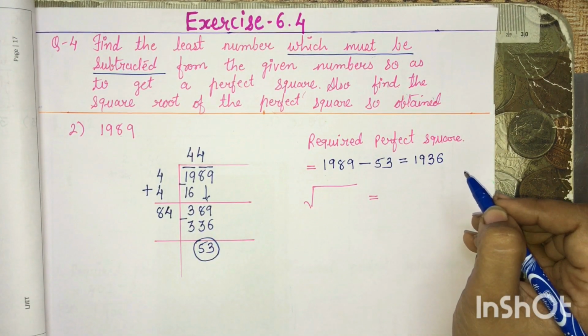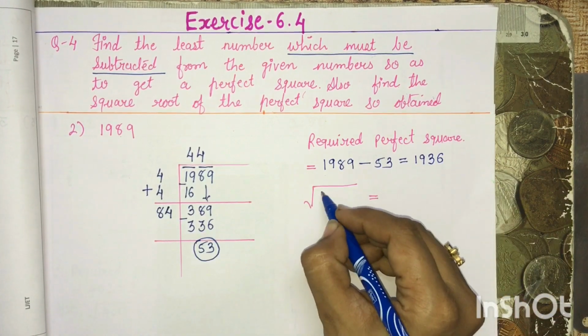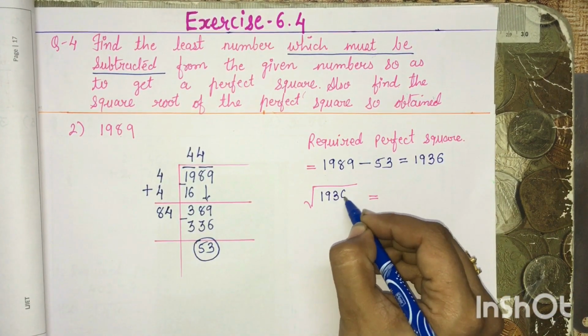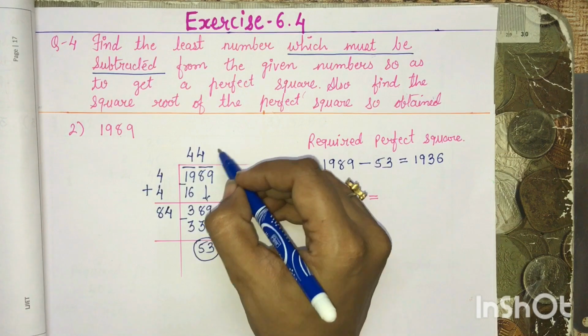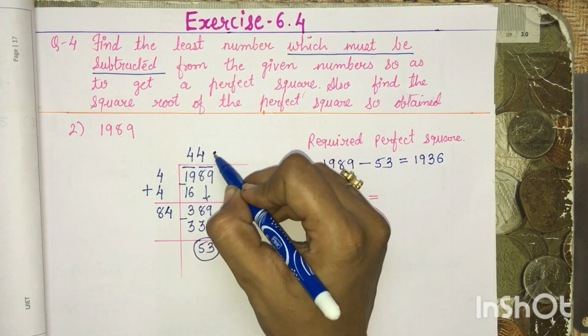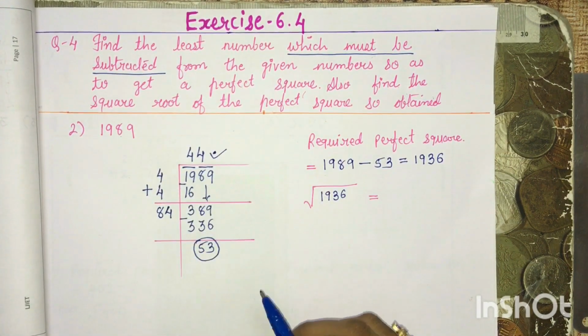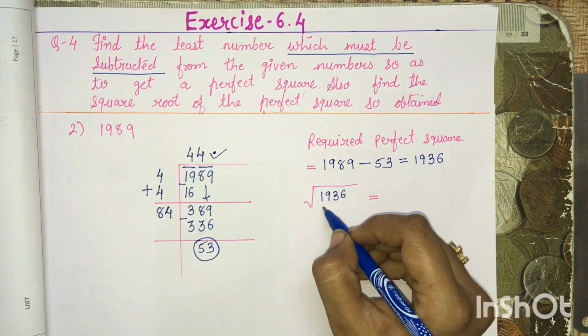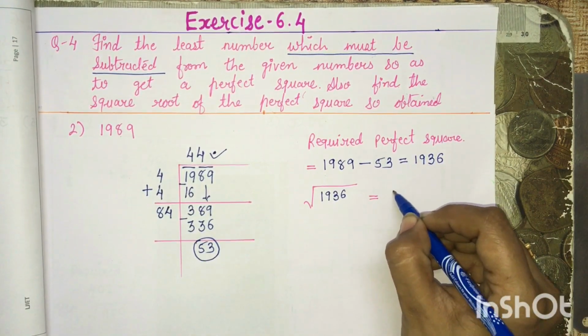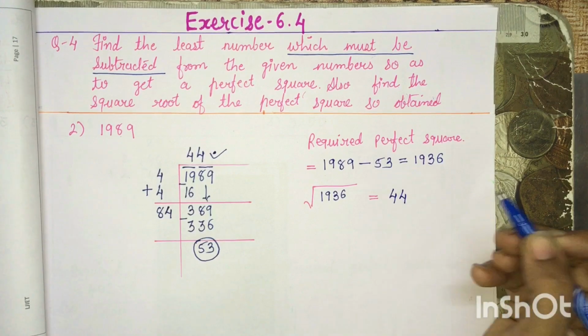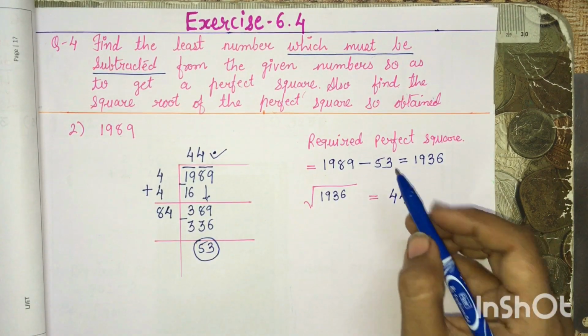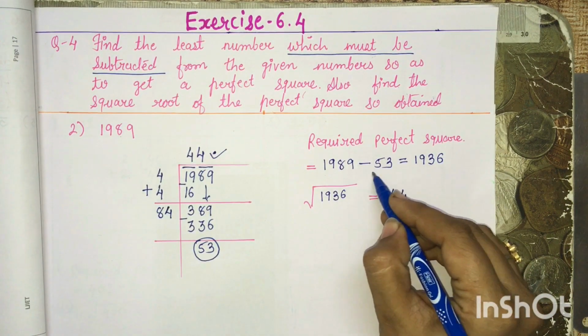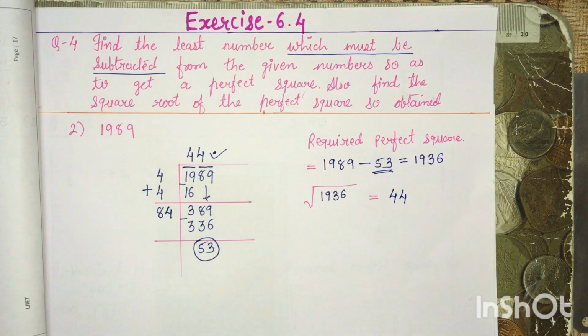Okay, and what will be the square root of 1936? The square root of 1936 will be your quotient that you have got over here in division. So the square root of 1936 is equal to 44, and the number to be subtracted from 1989 is 53.